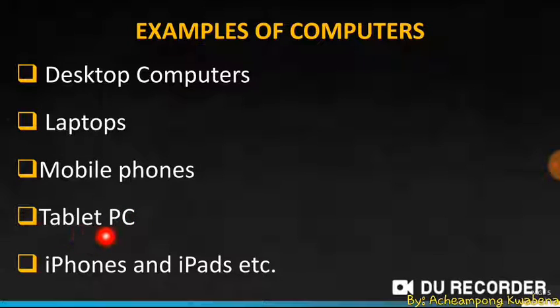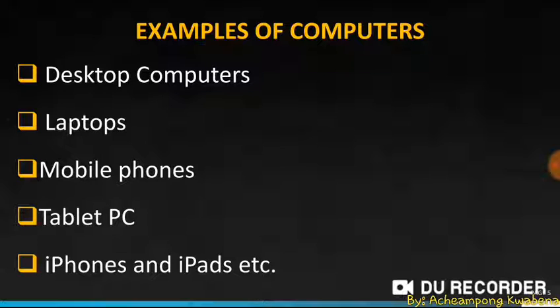The last one we have is iPhones and iPads. So these are some few examples of devices that are classified or known as computers. They all work in the same way. They accept data from a user, process the data, store some of the data, and give out information. So all these devices are examples of computers.